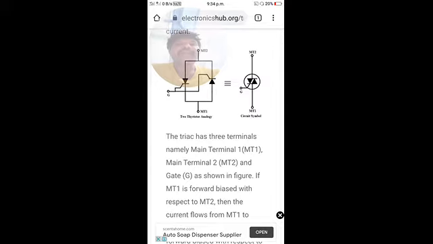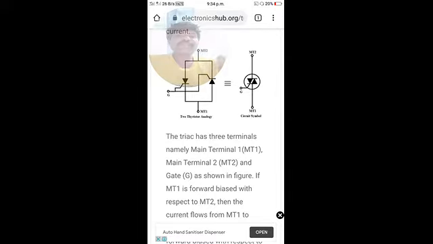On the other hand, if MT2 is made more positive with respect to MT1 with the gate open, the triac will conduct the current only when the applied voltage reaches more than the breakover voltage, then it allows the current from MT2 to MT1.